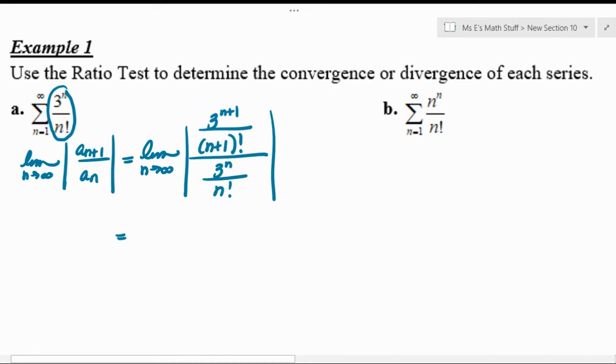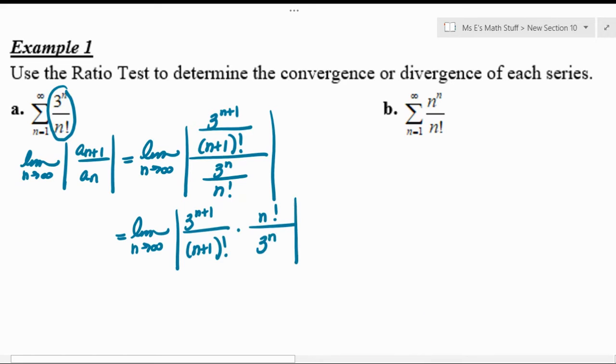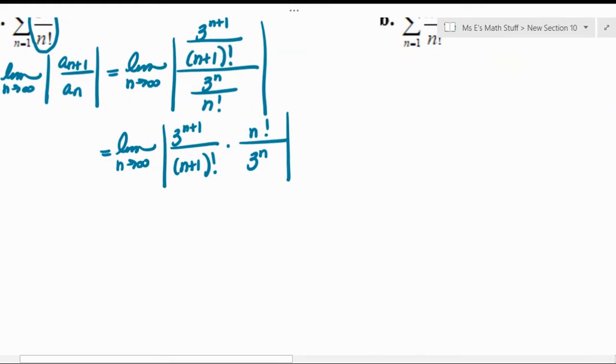And then from here, let's clear that compound fraction by flipping and multiplying. So we'd have the limit as n approaches infinity of the absolute value of 3 to the n plus 1 over n plus 1 factorial times n factorial over 3 to the n. So just a little flip and multiply there.